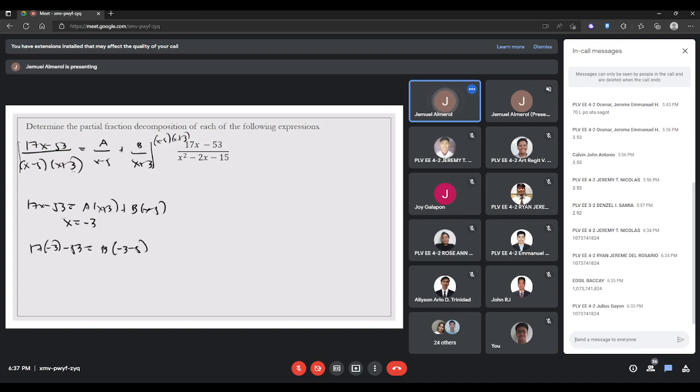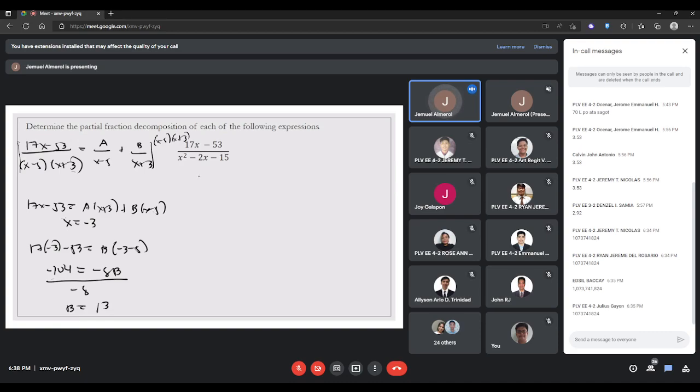Okay, negative 51 minus 53, negative 104, equal to negative 8b. So dividing everything by negative 8, b is equal to 13. Sorry, 13. Tama lang, 13.